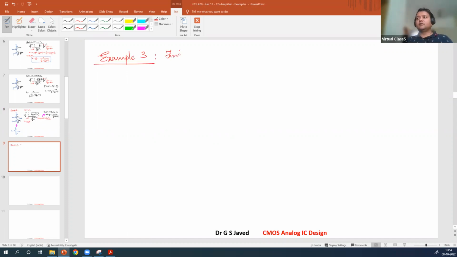Find Rout. What is the circuit? NMOS device, NMOS device, VB1, VB2. This is the ground, and this is this node. I want to find out what the Rout is.